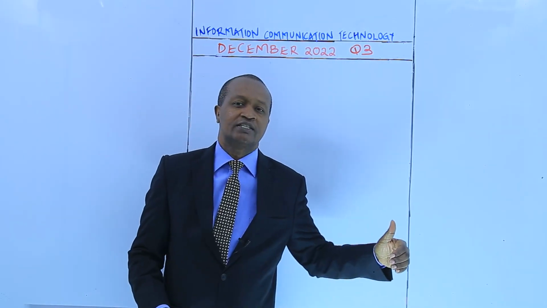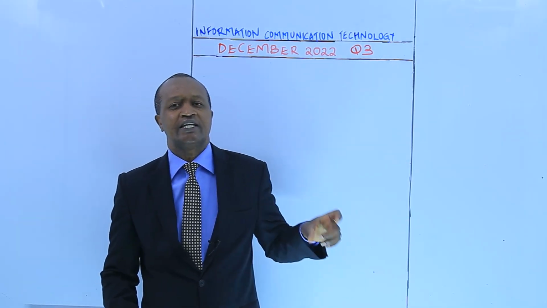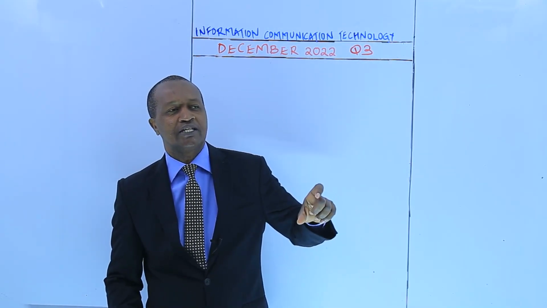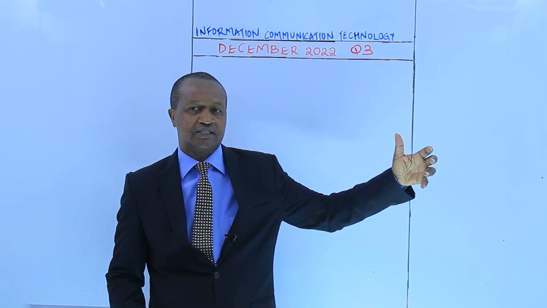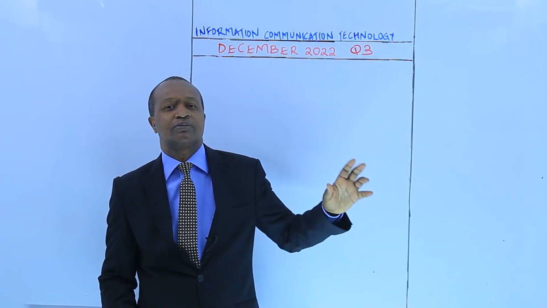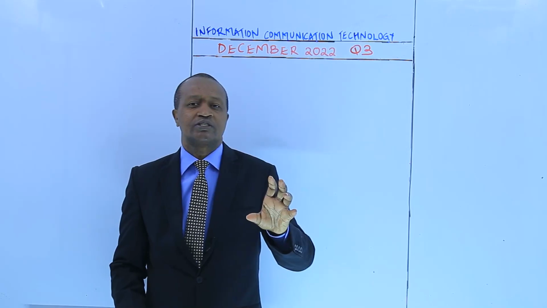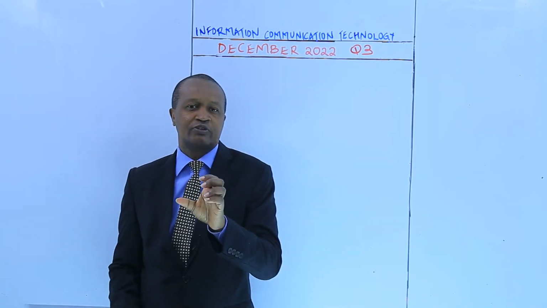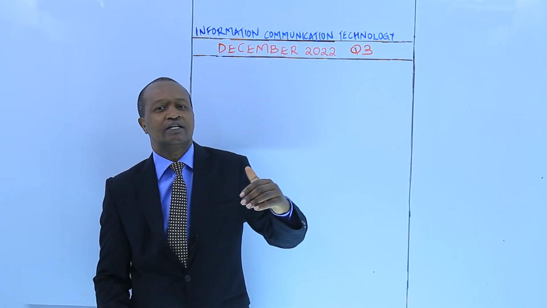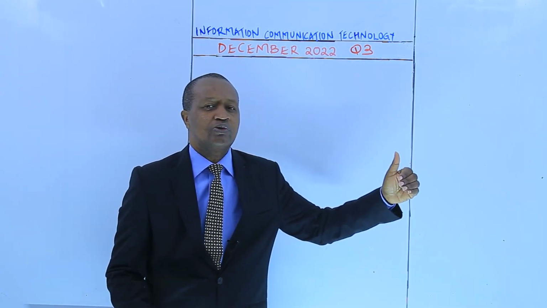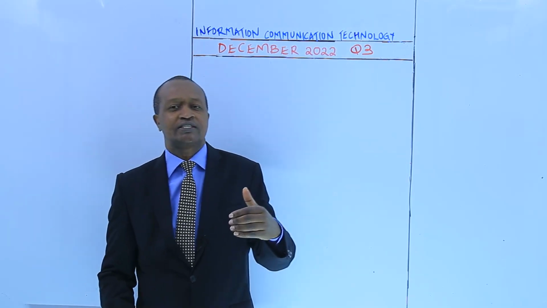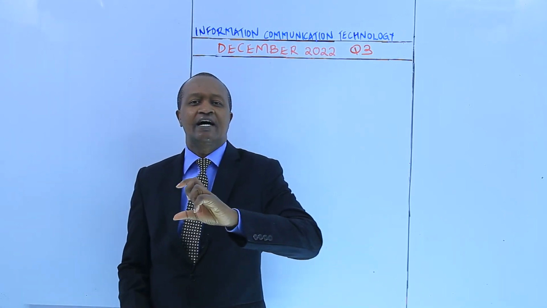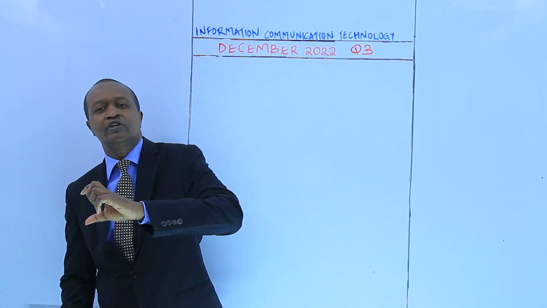But an extranet is an extension of an intranet that allows limited access to external parties such as customers or suppliers. And it enables secure communication and sharing of specific information or resources with the external entities. So in other words, an extranet is an extension of the intranet.